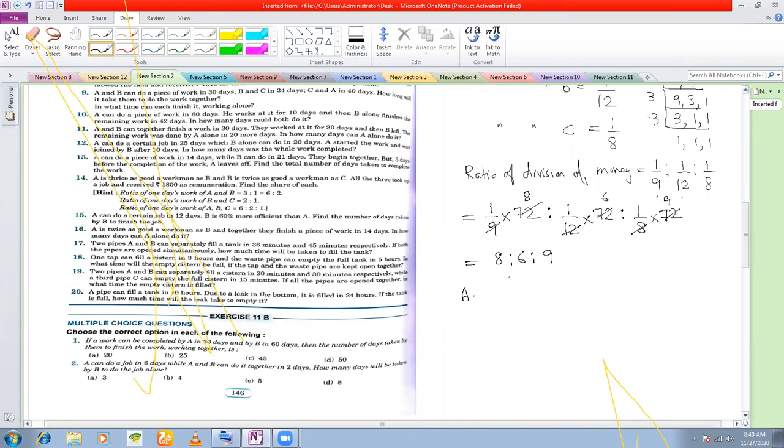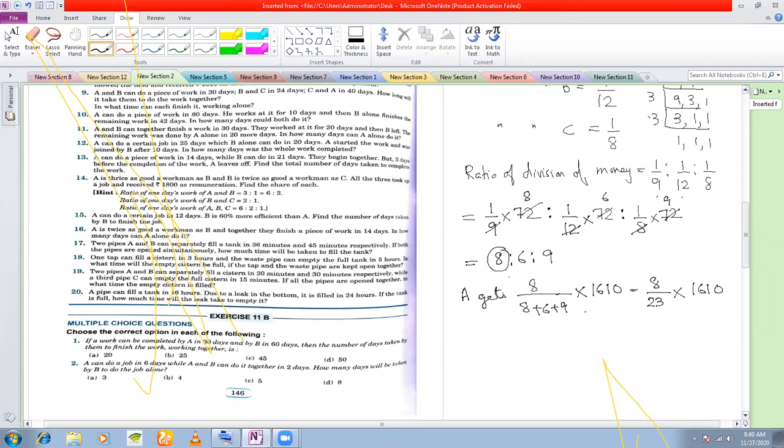So how much does A get? A is getting 8 parts out of a total of 8 plus 6 plus 9 parts. And what is the total money that is being given to them? Total money that is being given to them is 1610. So that means A gets 8 by 23, 14 plus 9, yes, 23, into 1610.